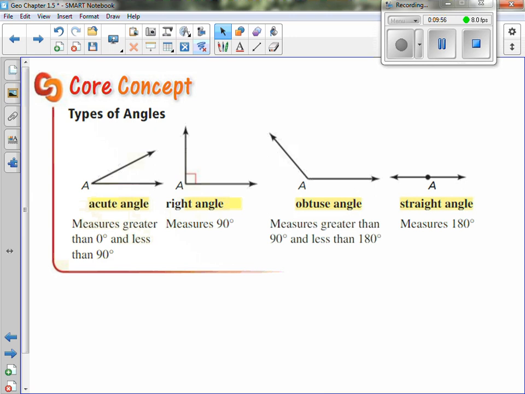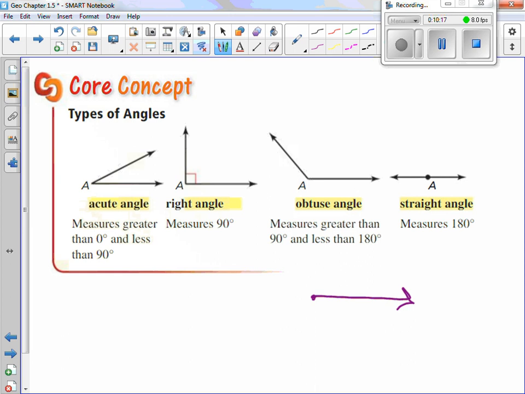Can I have an angle that is greater than 180 degrees? Yes. What would we call it? The angle that is slightly greater than 180. Well, we can go beyond 360, but not in the planes that we will talk about in here.